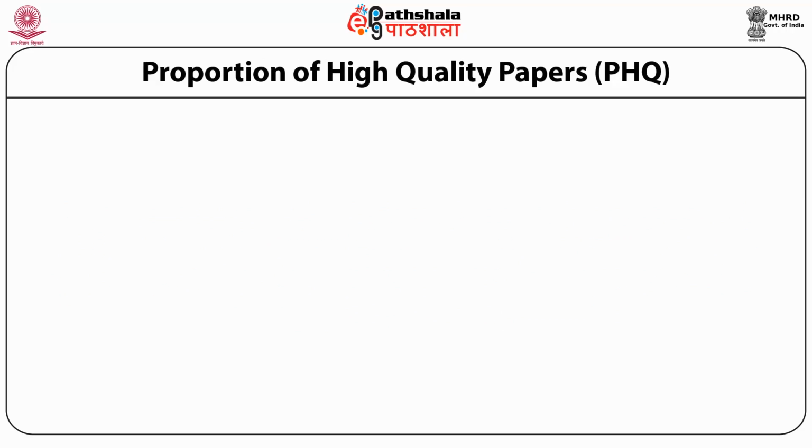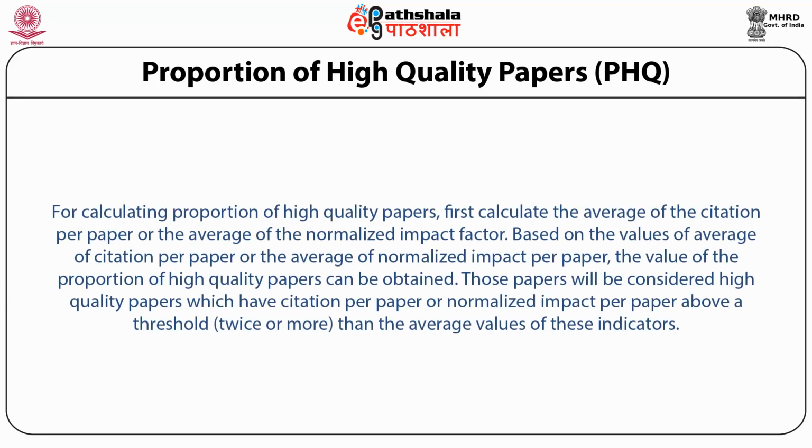Proportion of high quality papers. For calculating the proportion of high quality papers, first calculate the average of the citation per paper or the average of the normalized impact factor. Based on the values of the average citation per paper or the average normalized impact per paper, the value of the proportion of high quality papers can be obtained.